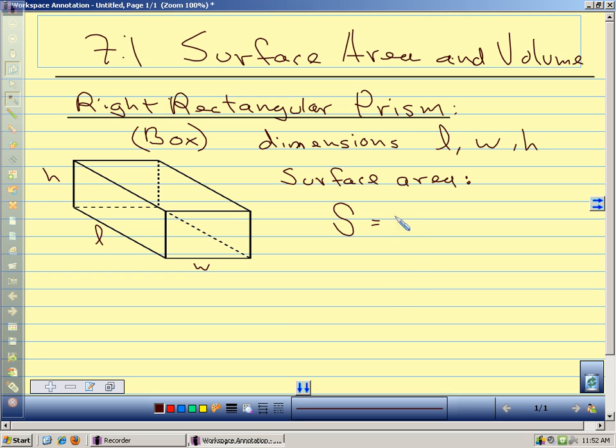So we have 2 L times W. That is 2 of these pieces. We have one here and one here, plus 2 times L times H. That's these side pieces. We have 2 of those. And then we have 2 ends, 2 W times H.